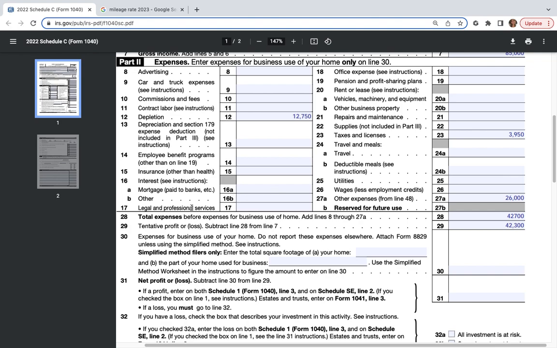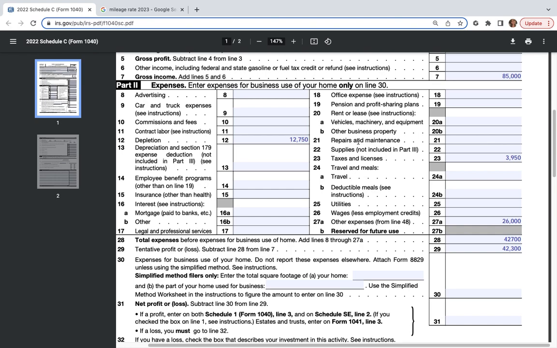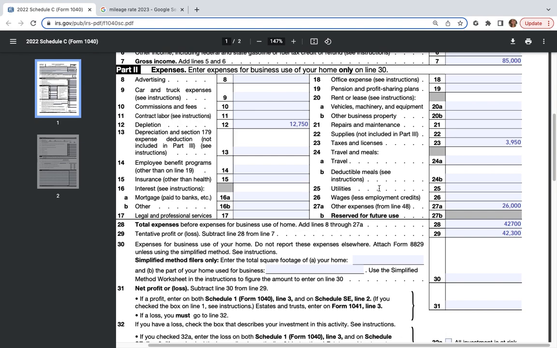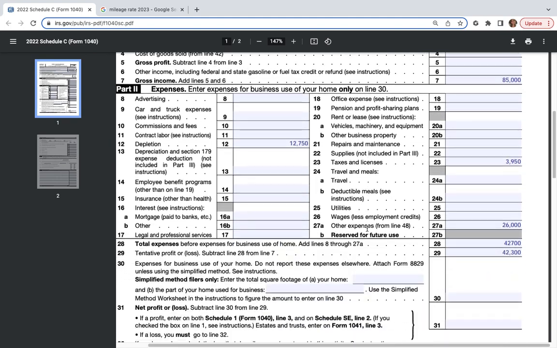There's also legal and professional services, office expenses, pension and profit sharing plans, rent, repairs and maintenance, supplies, taxes, travel and meals. For the 2022 tax year, you could deduct 100% of meals if they were from restaurants. If they were not from restaurants, you could only take 50%. Also, utilities, wages, and then other expenses related to your business.